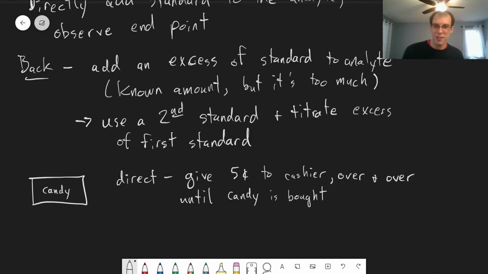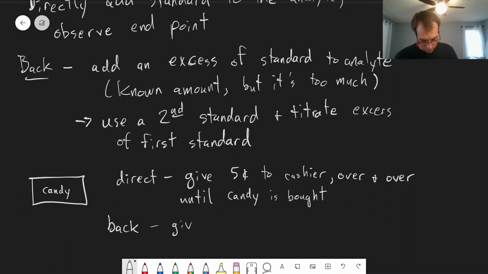So maybe it costs 75 cents. I give 5 cents and keep doing that until I've gotten to 75 cents worth of money. A back titration in this analogy would be we give too much money on purpose.